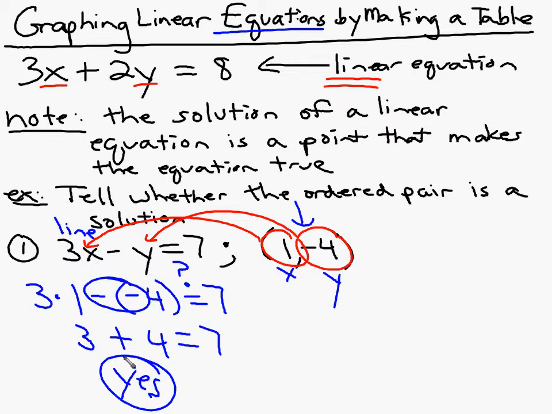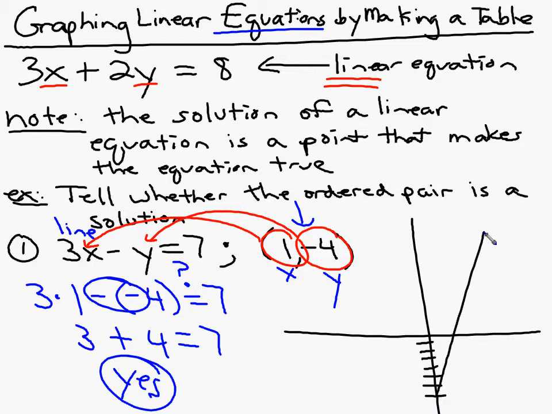Now, what does that mean graphically? If I were to graph this line, I know how to graph it pretty quick. You're going to learn a quicker way before too long. If I were to graph the line, I know that this point right here, this 1, -4, is on the line.